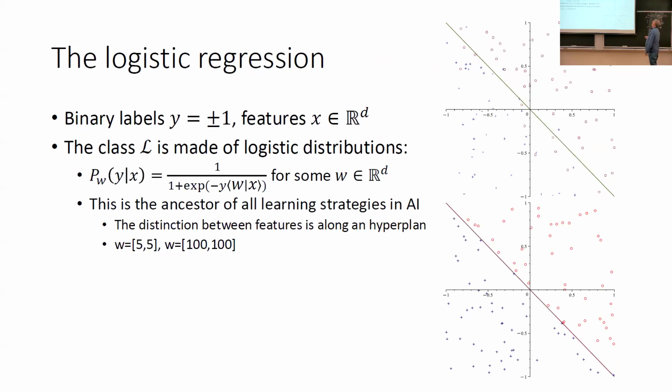Of course, it is not 100% sure, so you have some mismatches. But you find it. Here is the case where the weight of the logistic regression is very large. It's 100. So in this case, you have a real split by the hyperplane.